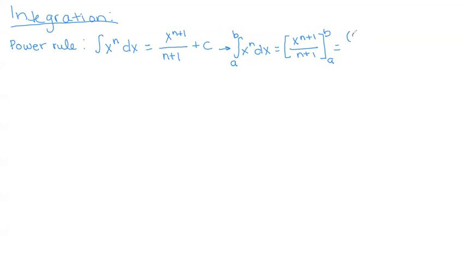First we have b to the power of n plus 1 over n plus 1 minus a to the power of n plus 1 divided by n plus 1. That is how you evaluate a definite integral between two bounds. And you don't need a plus c at the end.